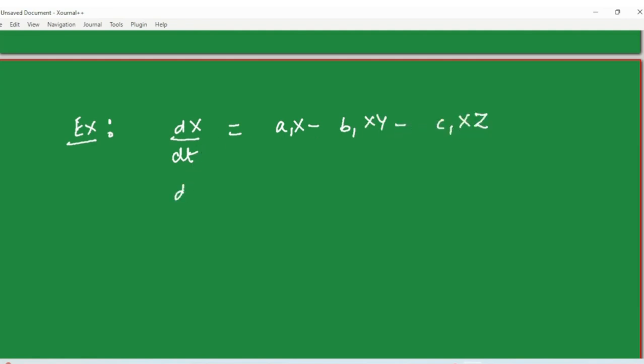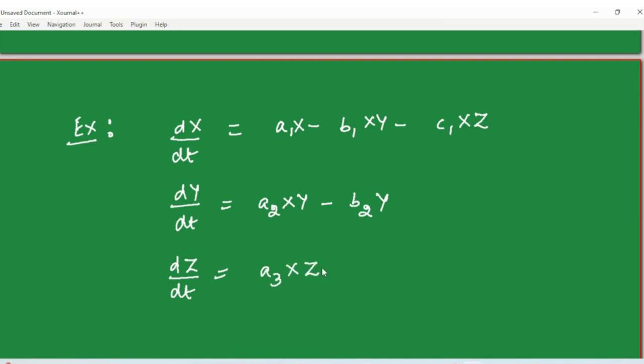That's the model for the predator-prey interaction, which we'll be discussing in subsequent videos. But right now we are just focusing on finding out the equilibrium positions. So let's look at this as a question of three equations, three dependent variables. Suppose this is the system and we are expected to find out the equilibrium points.